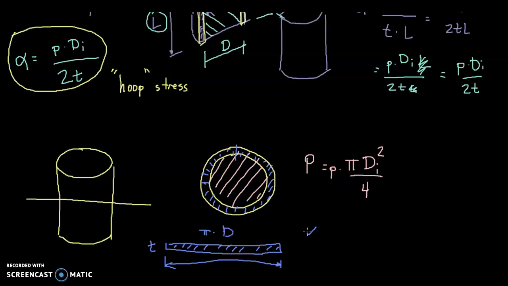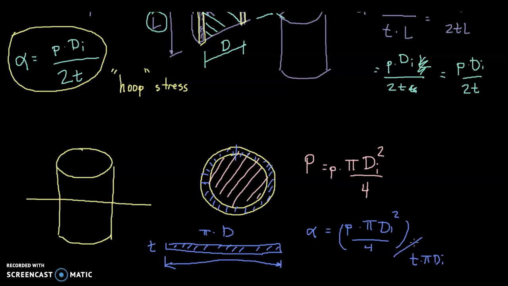So the stress is going to equal p times pi d squared over 4, and then we're going to divide that by t times pi d.